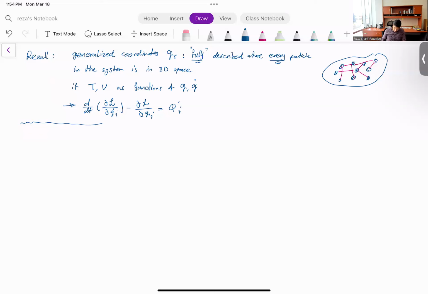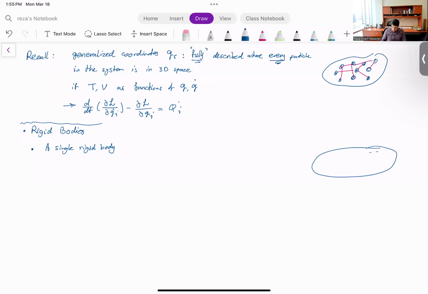So for rigid bodies, let's look at two examples. A single rigid body. I have this rigid body.